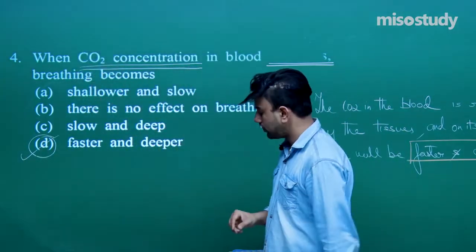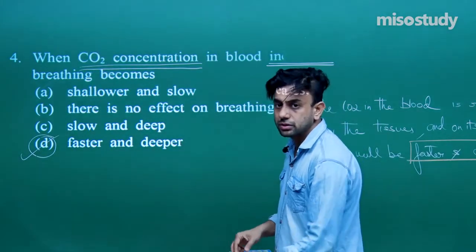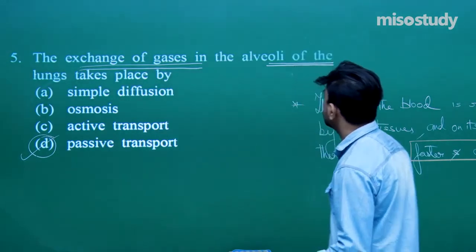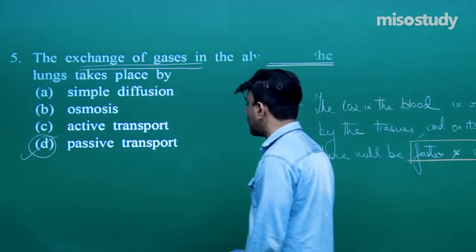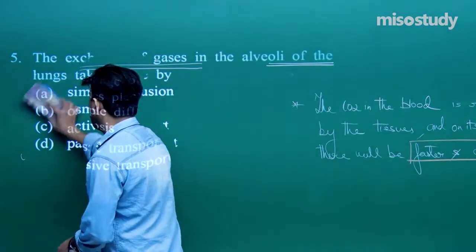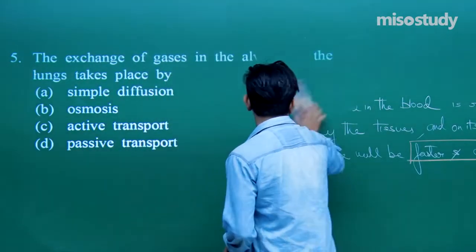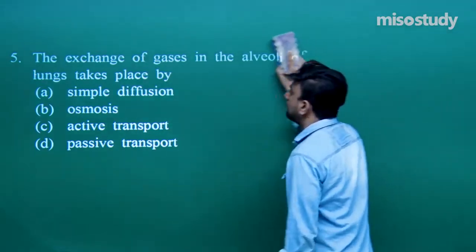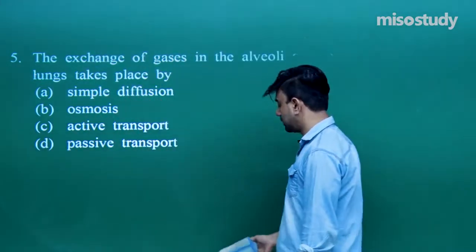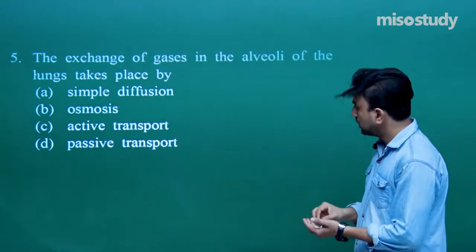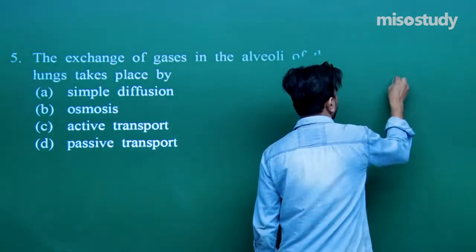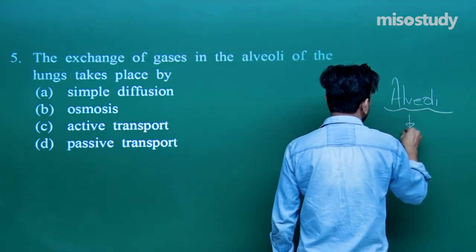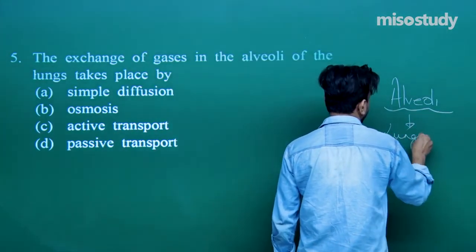Okay. Now we move on to the next question. The exchange of gases in the alveoli of the lungs takes place by, right. What would be the answer for this? Now, what is the site where the exchange of gases is taking place? It is the alveoli of the lungs, right.